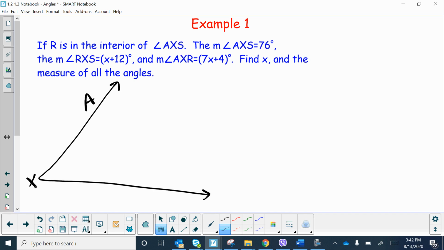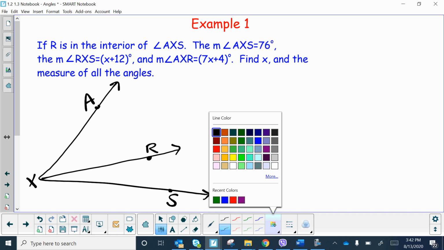Vertex is X because it's in the middle, and this is S. And then it says R is somewhere in the interior. That point is R. That's A. I don't always have to draw a point for you. You can just put the letter there.